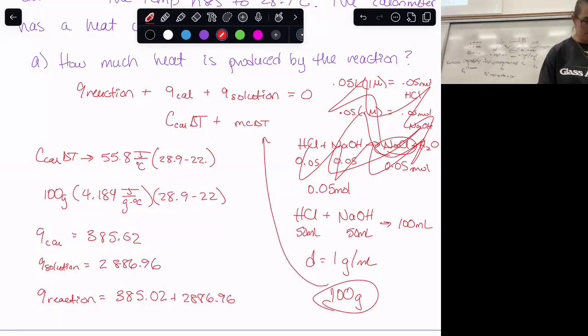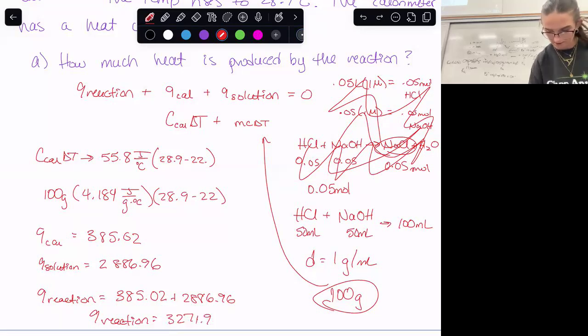And you get Q reaction equal to 3271.9698 joules, which is 3.27 kilojoules.